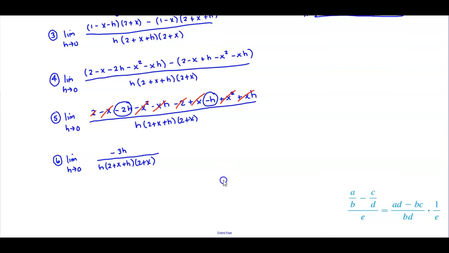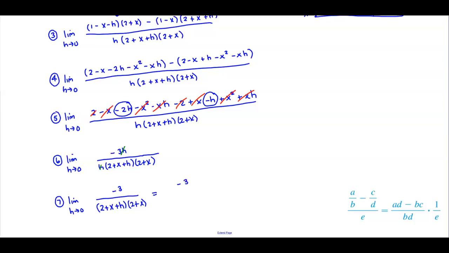Okay, so now we know that we can eliminate the h. So what's left is the limit as h approaches 0 of negative 3 over 2 plus x plus h times 2 plus x. And now let's go ahead and evaluate the limit.